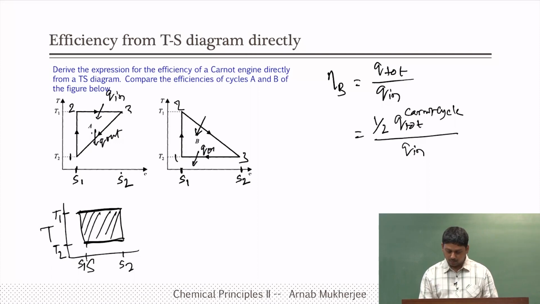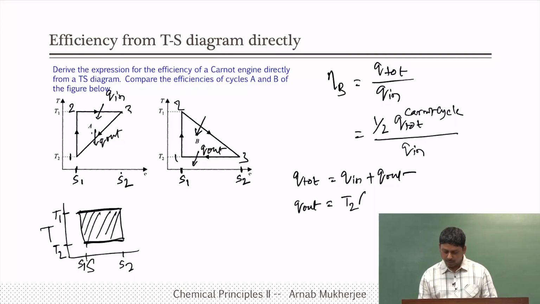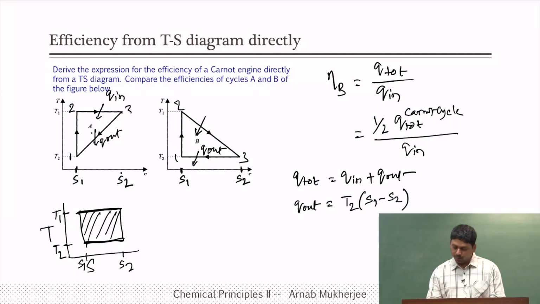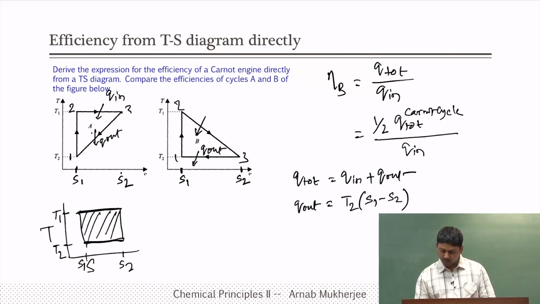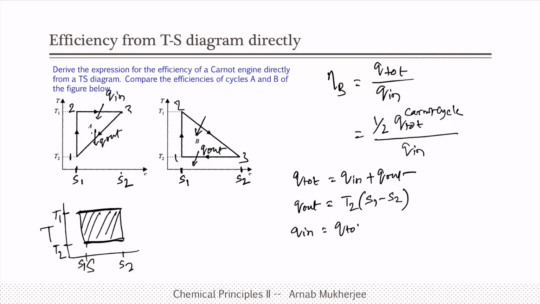So, Q tot we know is Q in plus Q out, and we know the Q out from the Carnot cycle expression itself, that Q out is T2 (S1 minus S2). It is a negative quantity, remember. Therefore, we need Q in, so Q in is Q tot minus Q out. And what is Q tot?